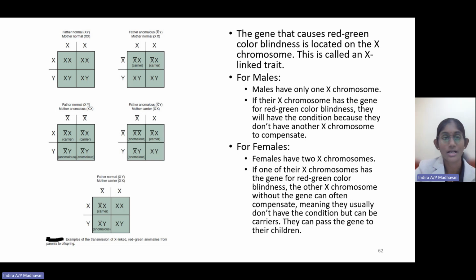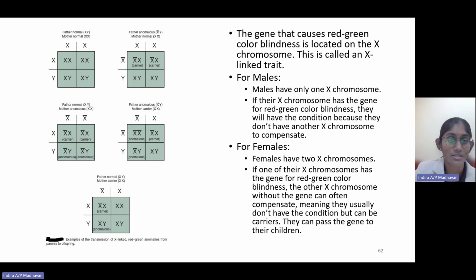This is one of the reasons why the prevalence is higher for males: even if they get it on their single X, they are color vision deficient. But females have to get it on both chromosomes to actually have this deficiency. So women are very lucky because we have 2 X chromosomes, so it is less prevalent for us.